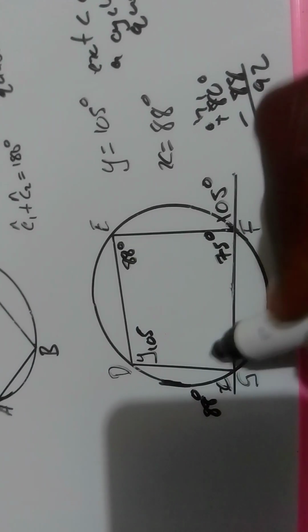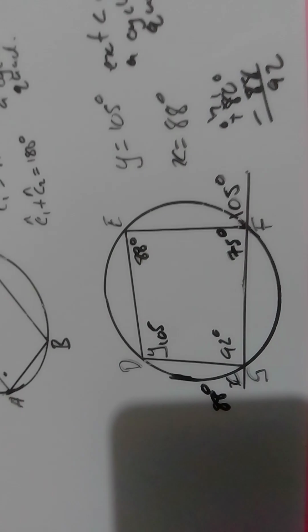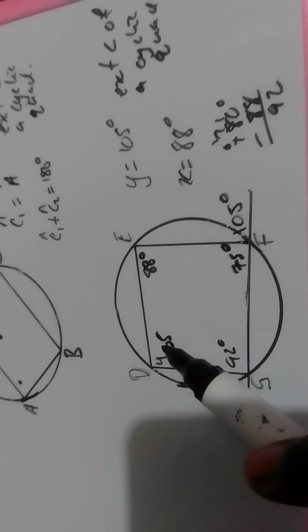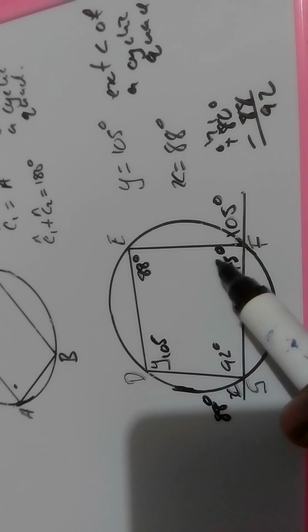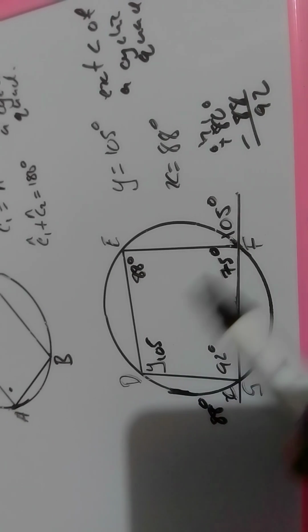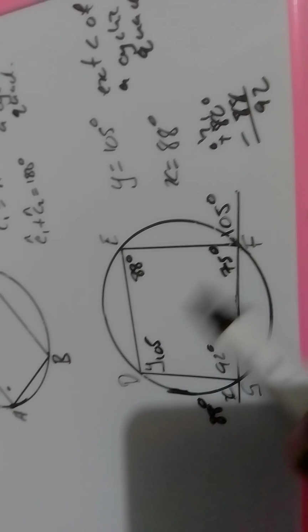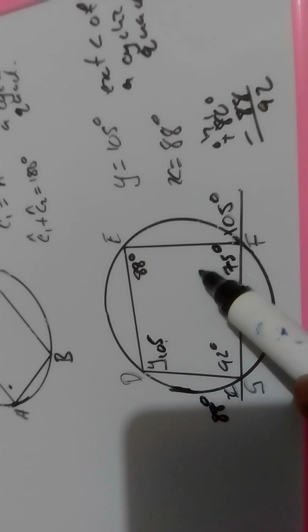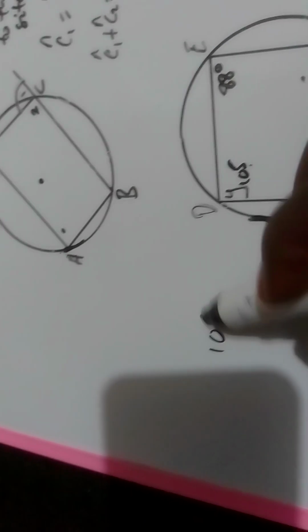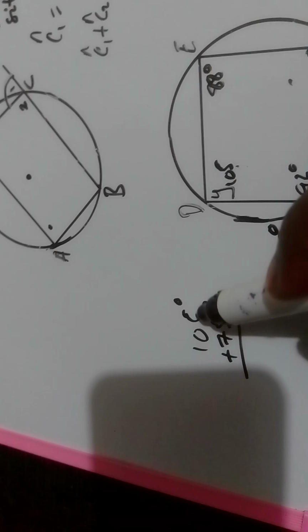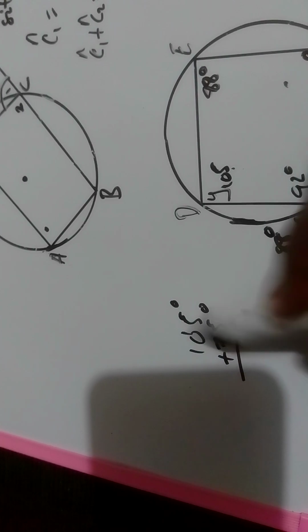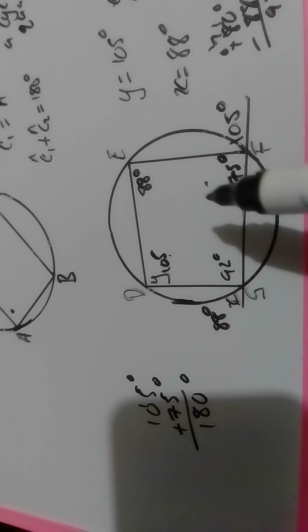So here I have 92 degrees. Now remember, from our previous theorem, the opposite angles of a cyclic quad add up to 180 degrees. So if I say 105 degrees plus 75 degrees, 5 plus 5, 10, carry 1, 8, I have 180. So these two opposite angles have proven that.